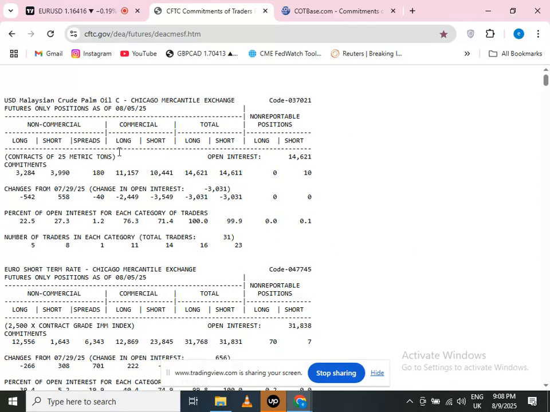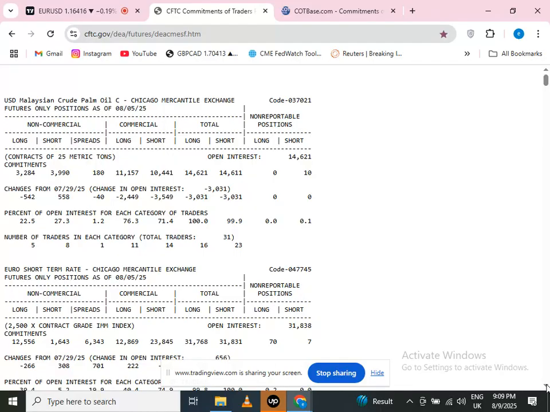You see the date of this report, fifth of August 2025. But this report normally comes out on every Friday, which was the 8th of August. As I said, you see here futures only positions.